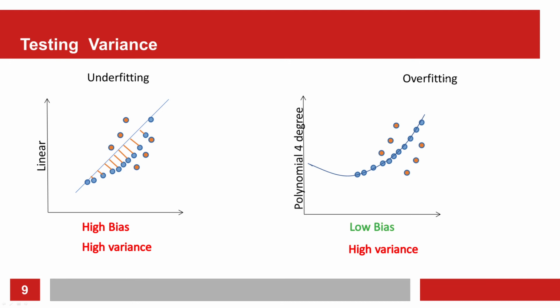To handle overfitting, we have to remove some polynomial degree. For example, here it's 4, so don't use 4, use 3, for example. This is the basic idea of underfitting and overfitting, low bias, and bias and variance.